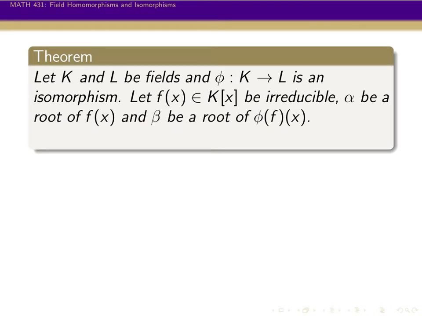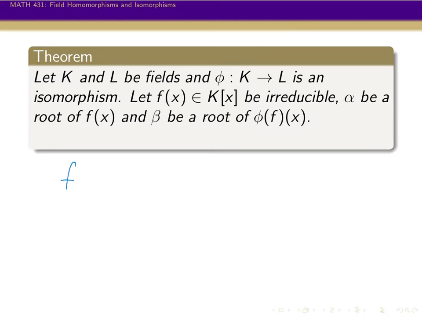The next theorem we're going to talk about is: let K and L be fields and let phi from K to L be an isomorphism. Let f of x be an irreducible polynomial in K adjoin x and alpha be a root of f of x, and beta is going to be a root of phi of f of x. Remember, this is talking about phi of f of x.